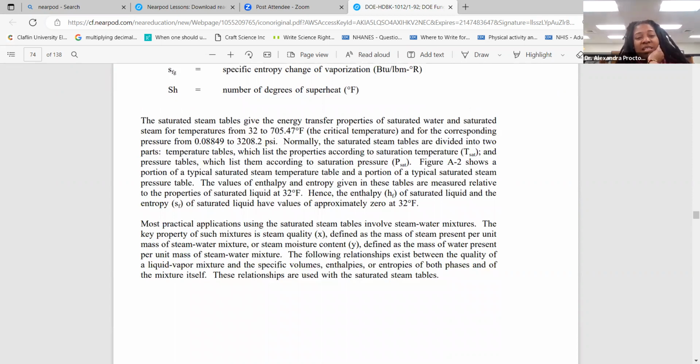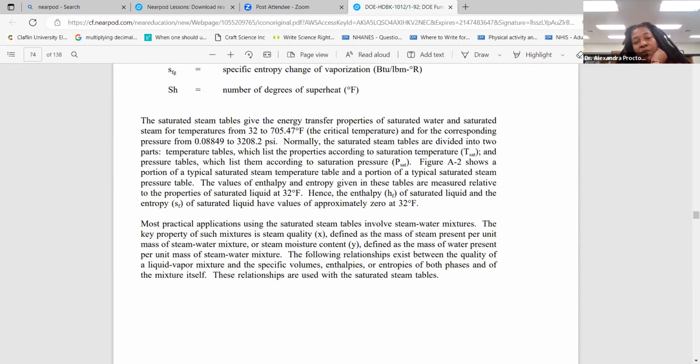So the saturated steam tables give the energy transfer properties of saturated water and saturated steam for temperatures from 32 to 705.47 degrees Fahrenheit, which is the critical temperature, and for the corresponding pressures of 0.08849 to 3,208.2 PSI.